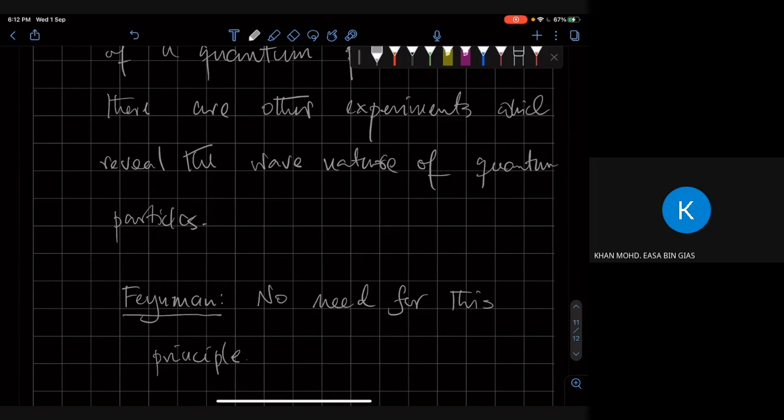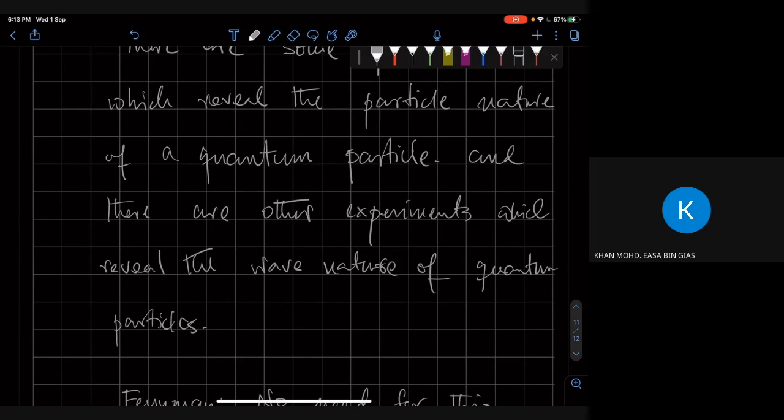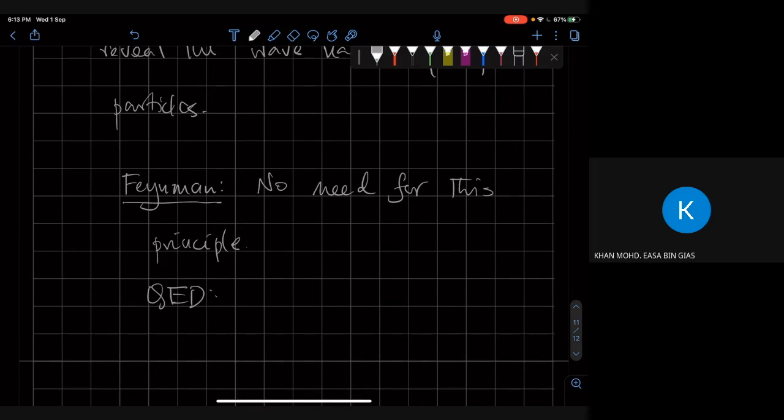And I believe there's a history. Feynman made a comment in a footnote in his popular book called QED: The Strange Theory of Light and Matter. And he makes a very uncharitable comment about the complementarity principle in that book.